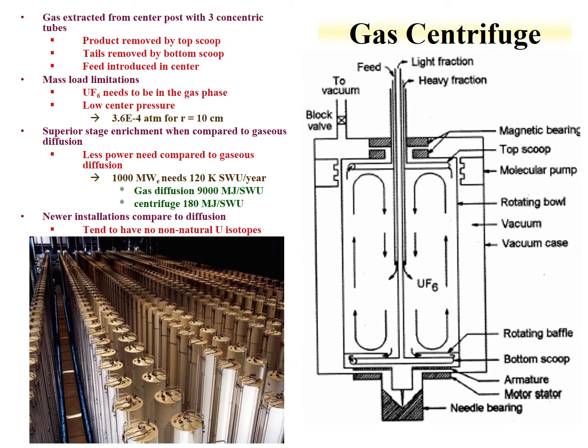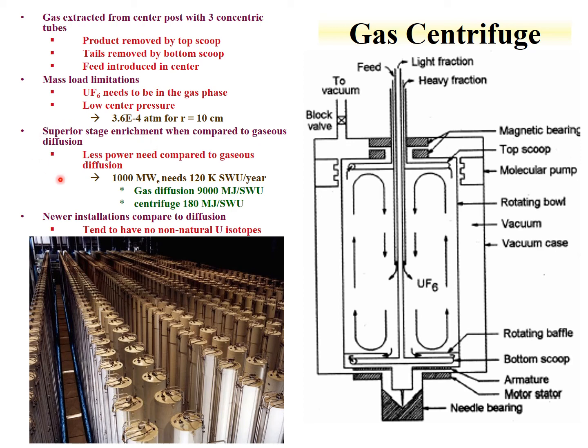So here's an example of a gas centrifuge where we can feed gas in, it's spun, and we get the concentration of the heavier gas on the outside, lighter gas on the inside. The light fraction can be taken out through the center. The products are removed by a top scoop, the tails are removed by a bottom scoop, with the feed being introduced into the center.